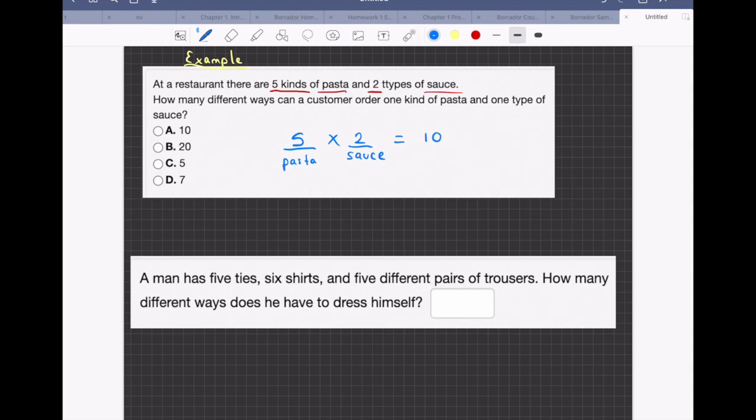Here it is saying pasta and sauce. So that's why we have to multiply.